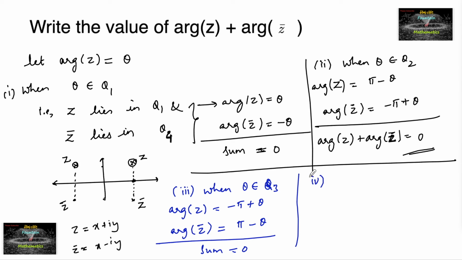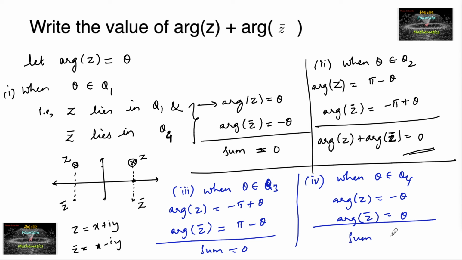Even if you consider the fourth quadrant, when theta belongs to the fourth quadrant, argument of z is equal to minus theta, then argument of z bar will be in the first quadrant, so we consider theta. Again the sum will be equal to 0.